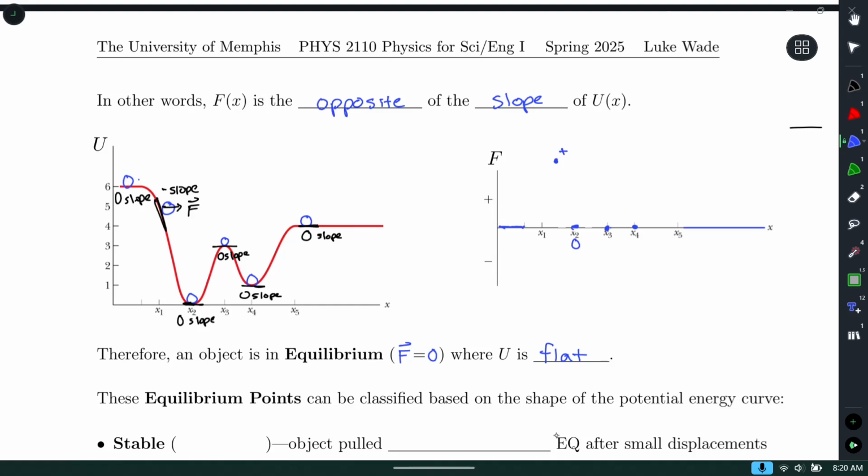The slope is always downward, always negative, and so the force is always pulling the object towards the right, a positive force. So if I try and connect my dots, it might look something like that. The peak would be where the curve is steepest. That'll be my maximum force for that interval.